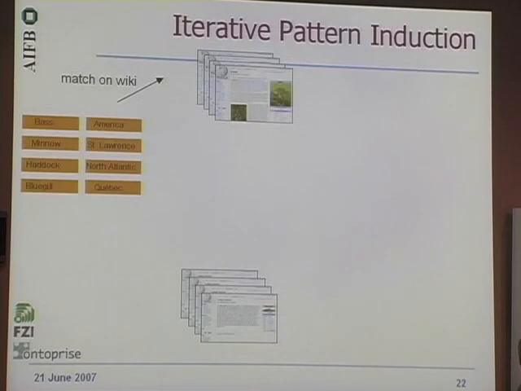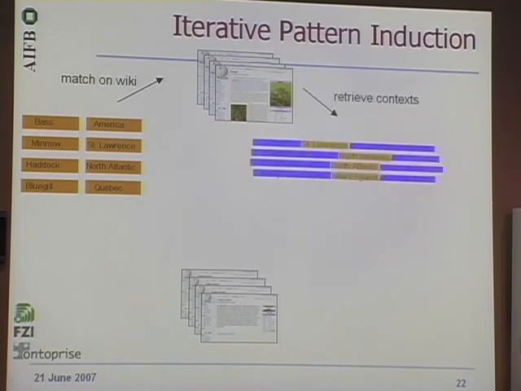So how is that now done in the end in that iterative bootstrapping approach? You start with some very few seed elements. So you see here that one seed element would be Bluegill and Quebec. And then you go to your Wikipedia pages in order to see what kind of patterns you might find on these Wikipedia pages.